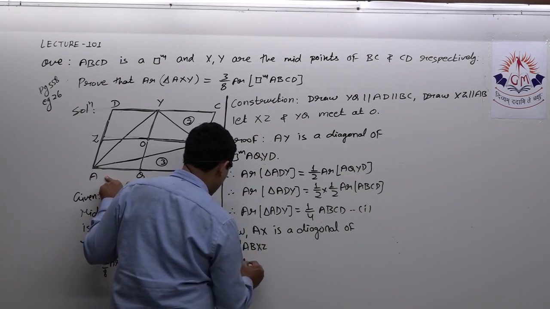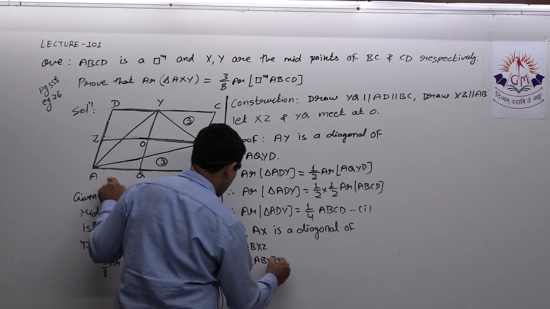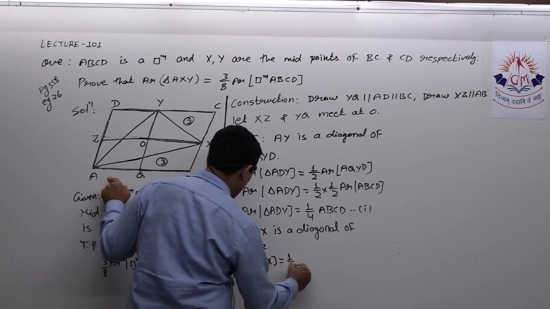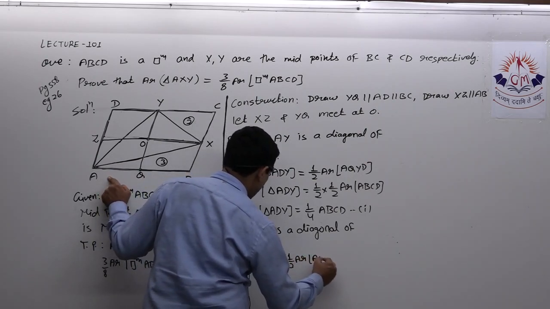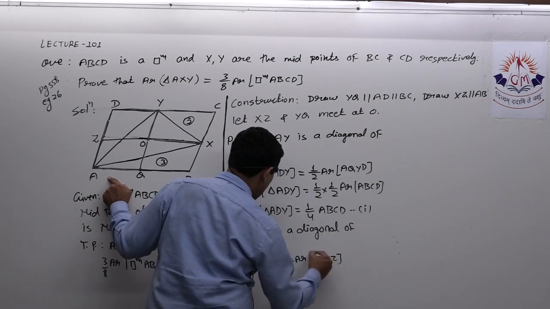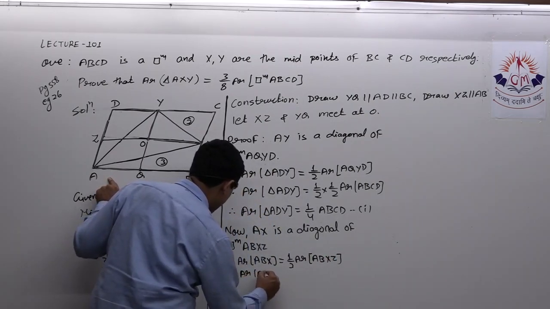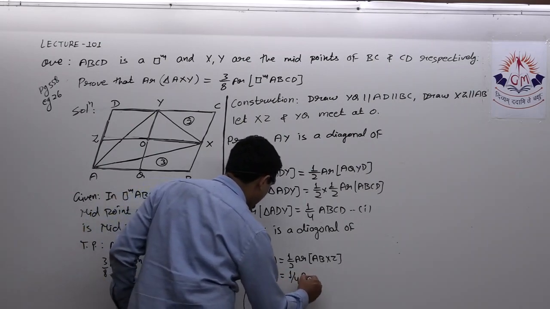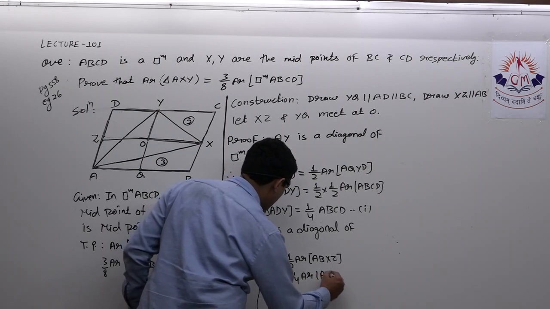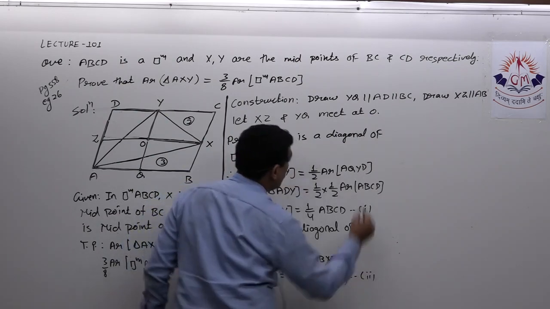Therefore area ABX is equal to 1 by 2 area ABXZ. Now again I can say area ABX, again I am writing directly 1 by 4 area ABCD. Okay, this will be equation number 2.